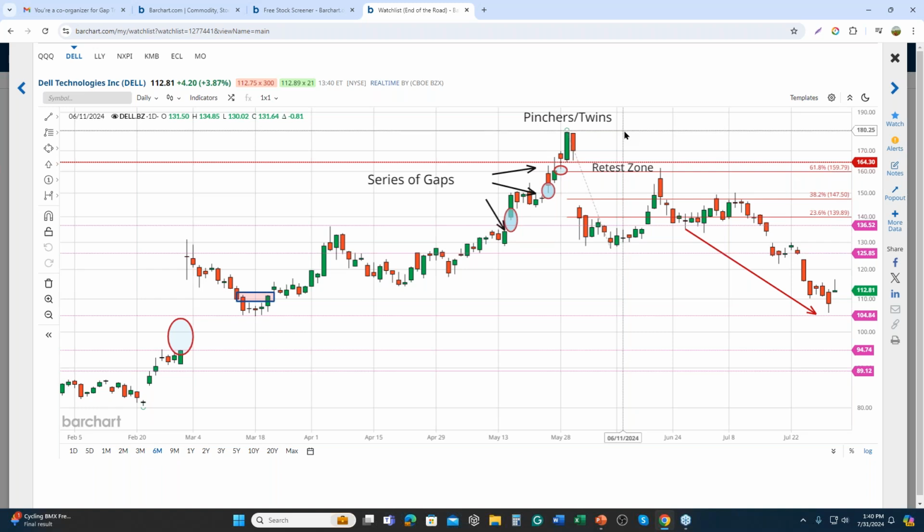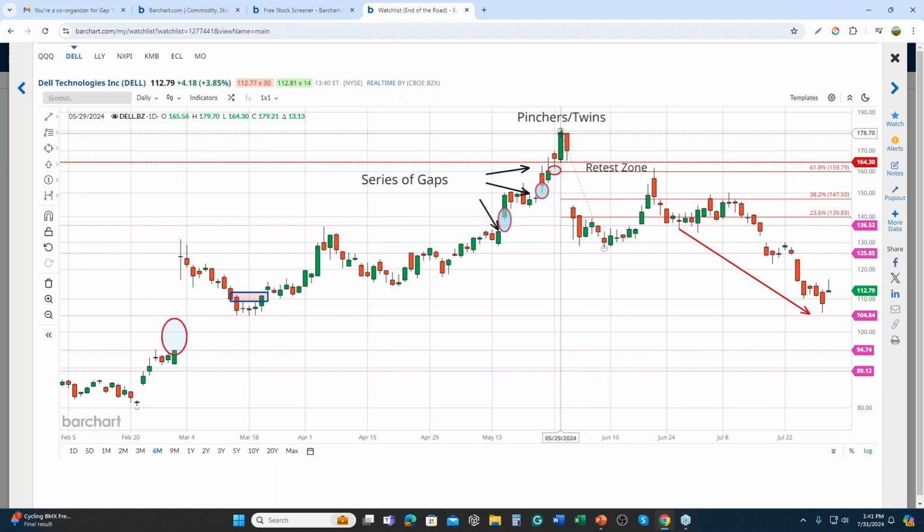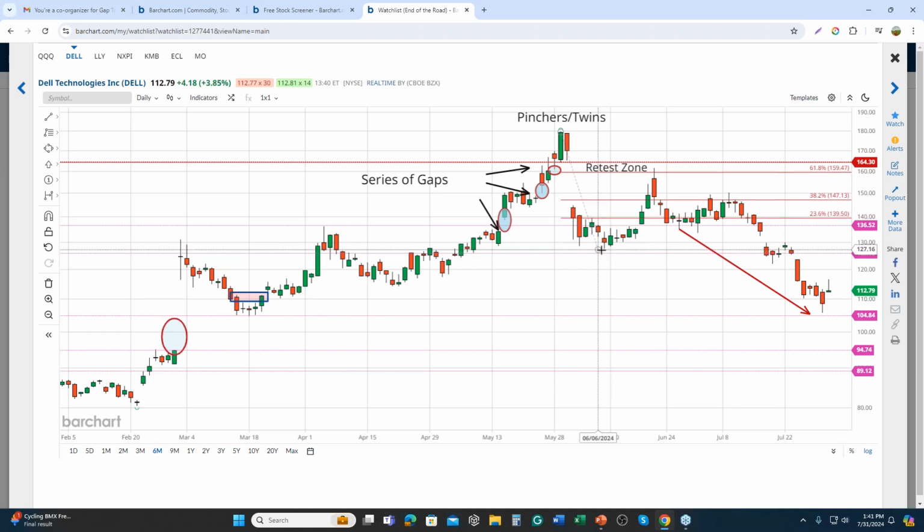The first one we'll do is wait for price to make a low after the end of the road gap. And then we're going to create a Fibonacci. And that's exactly what I did here. I have a high and I use the low here, and then I have a Fibonacci retracement.